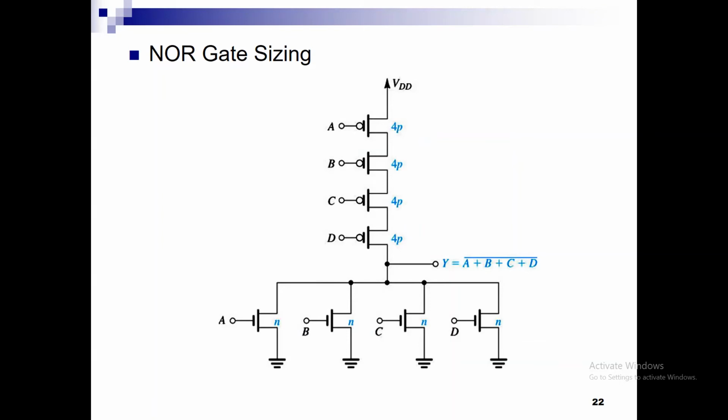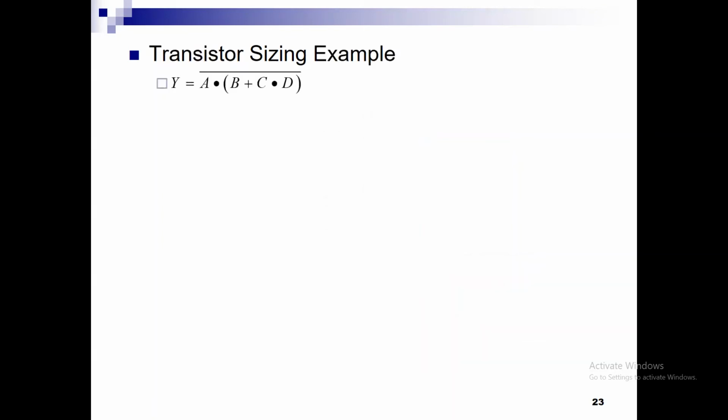Great. Let us now take this gate example. So this is A and B or C and D. If we want to draw this gate, and we'll look at the slides later, this gate will be Y bar equals A in series with B in parallel with C in series with D. We keep the precedence and make sure we maintain it.